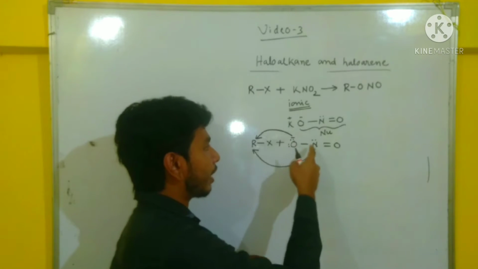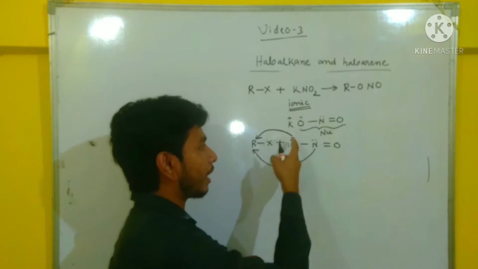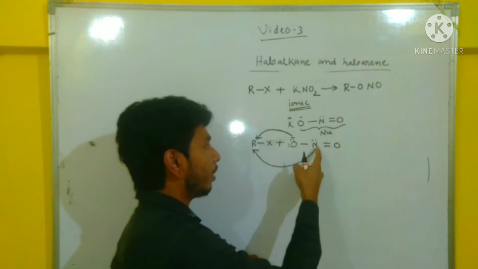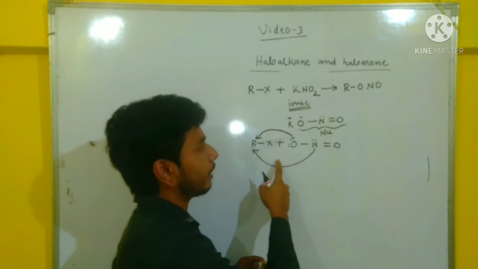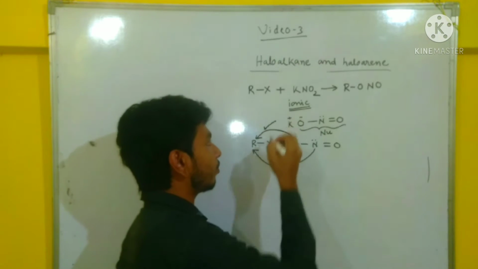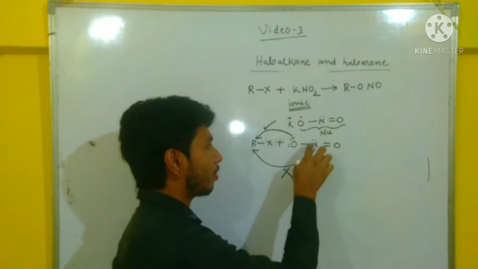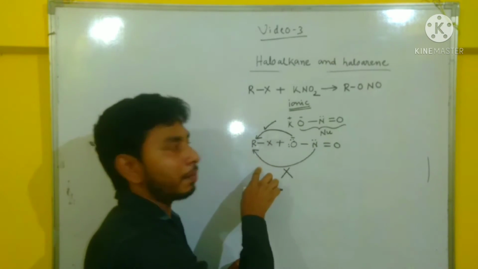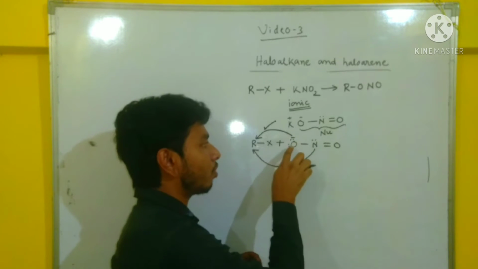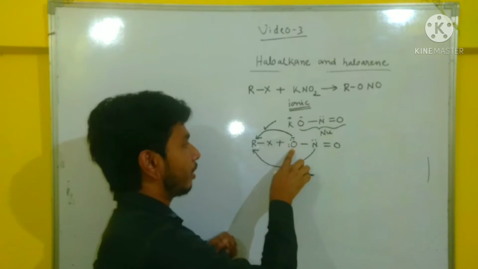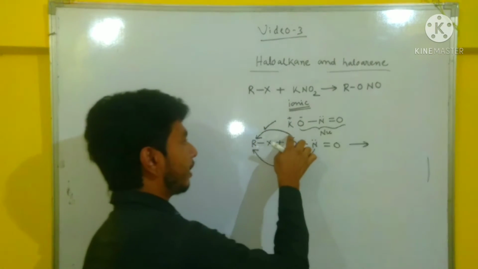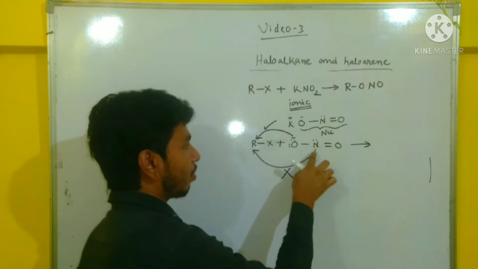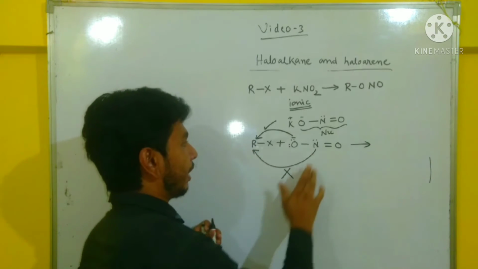So although there are two possibilities, out of the two only oxygen will donate, nitrogen will not donate the electron pair, because oxygen is more rich in electrons. So the actual attack is taking place with the oxygen, not with the nitrogen.